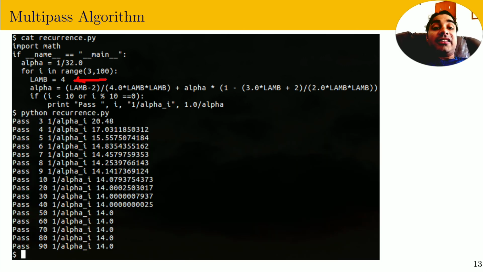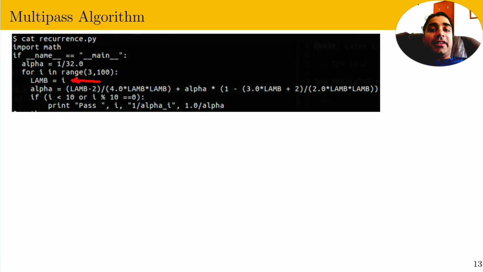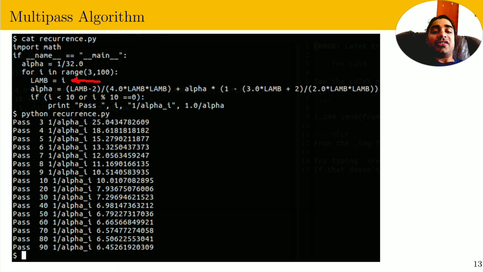It turns out that this is not good because then it converges to only half plus 1 by 14. So after playing around for a while, I realized that if you use lambda equal to the pass number, that is, you increase your lambda as the number of passes increase, then it converges to half plus 1 by 6, which is what we wanted.